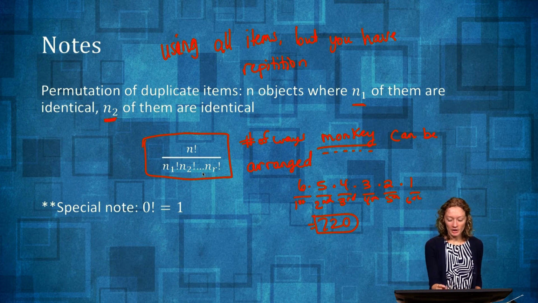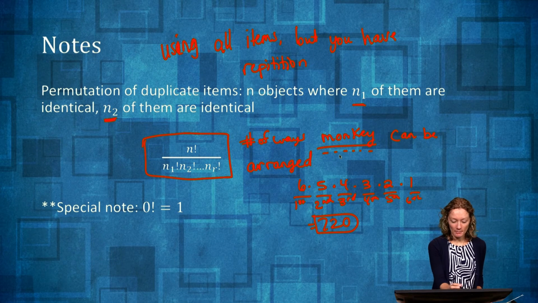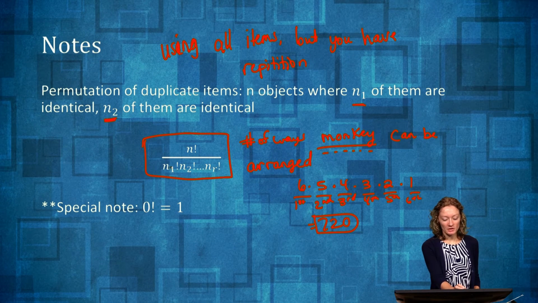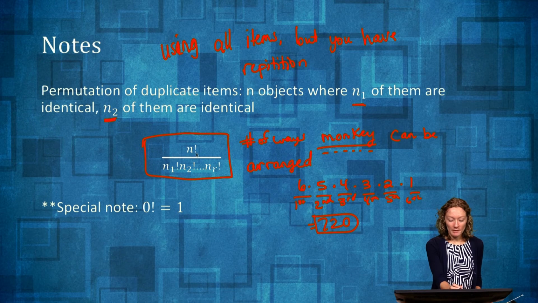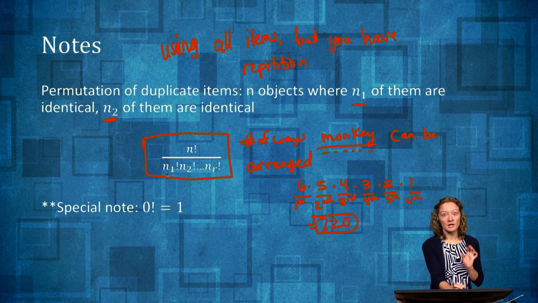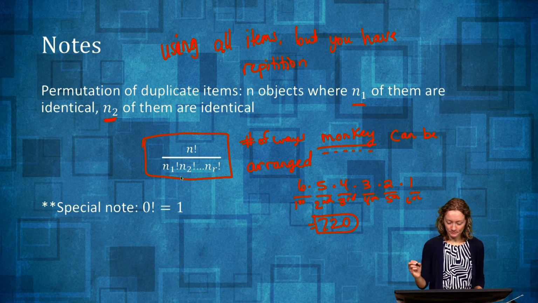So for this one in particular, we didn't have any repetition in this example, so there was nothing that we needed to divide by. They were all 0 factorial down here. We divided by 1, which still gave us 720. But if there is repetition, then we'll do a standard factorial, but then divide out where we have repetition.